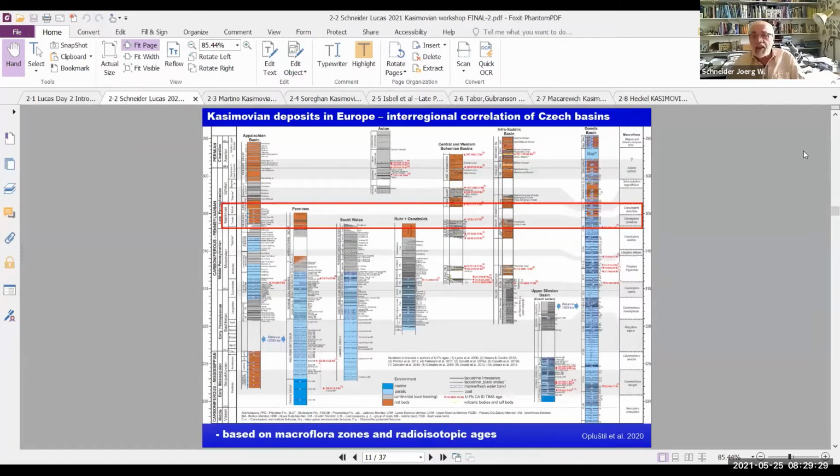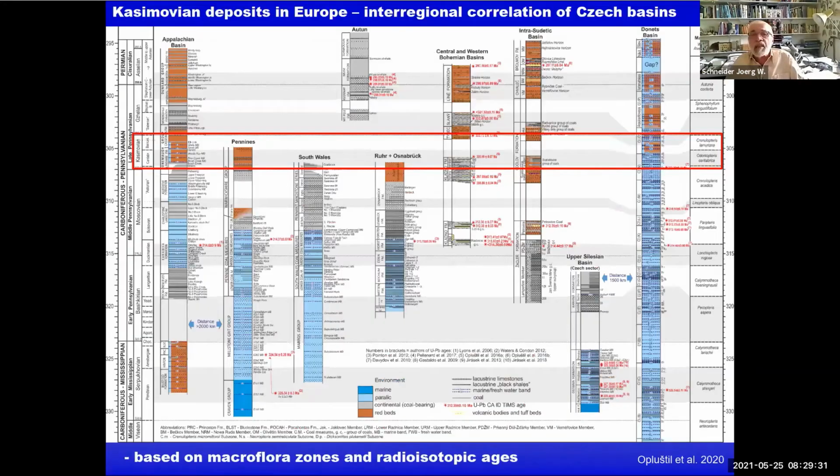If you look at this picture and the Kasimovian frame, starting in the late Moscovian, wet red beds first appear in Europe, and they increase. We have to keep in mind that we have a strong post-Carboniferous erosion in several basins, and the same we could see in the Appalachian Basin.